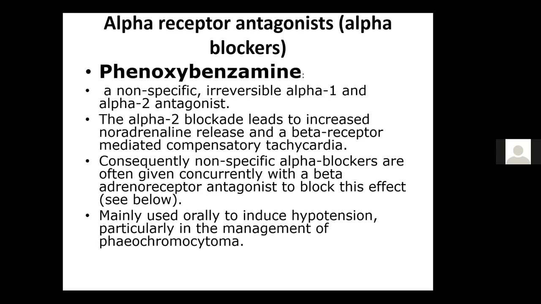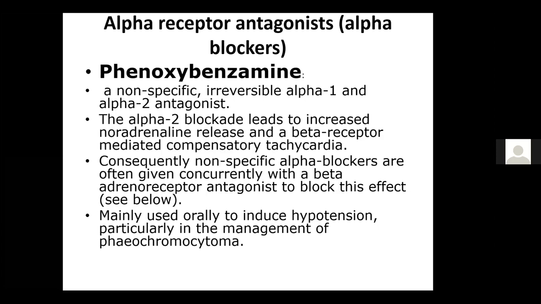Now, phenoxybenzamine is also a drug. It has an opposing effect on alpha-1 and alpha-2. It's an antagonist. The challenge is that it is not reversible. Now, this is very useful to decrease blood pressure because by blocking the alpha-1 receptor, you are causing vasodilatation. Alpha-1 stimulation causes vasoconstriction. When you block it, you have vasodilatation. So the end result is that you get a decrease in blood pressure.